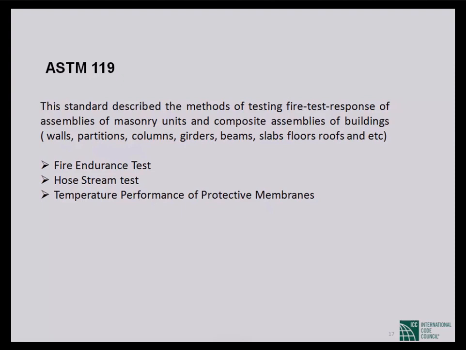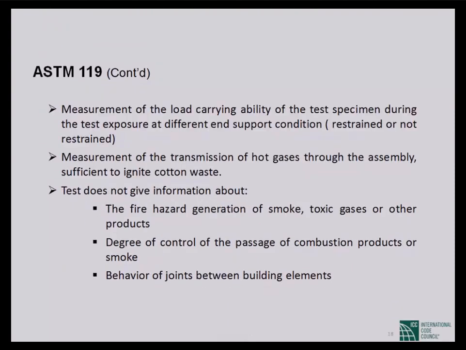At what time it will collapse, that is decided, that is tested in this ASTM. So there is a load parameter on this structure, and there is another, the temperature variation within the furnace, and I can show you how the temperature varies.